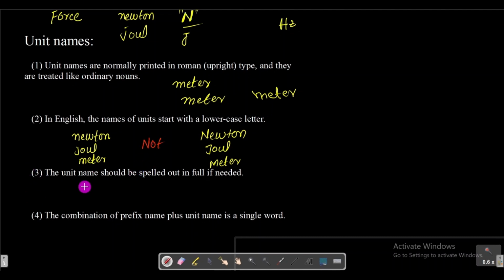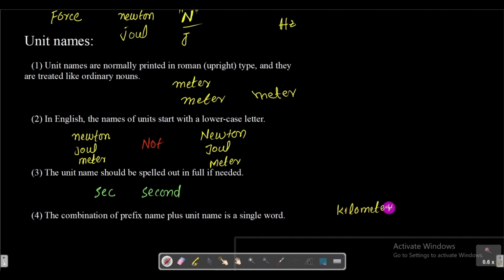And similarly, we have rule number 3, which is that the unit name should be spelled out in full if needed. You do not have to make your own shortcuts for the unit names. And according to the last rule for unit names, the combination of prefix name plus unit name is a single word.